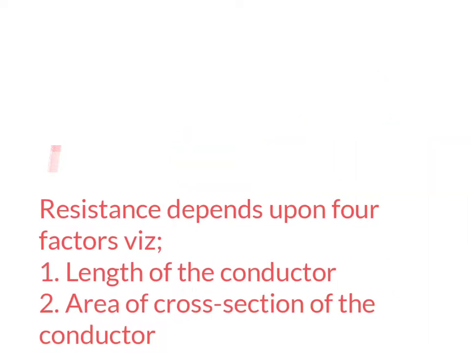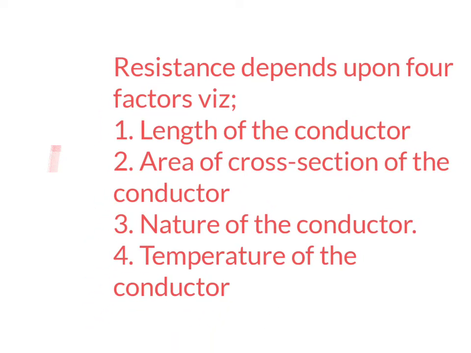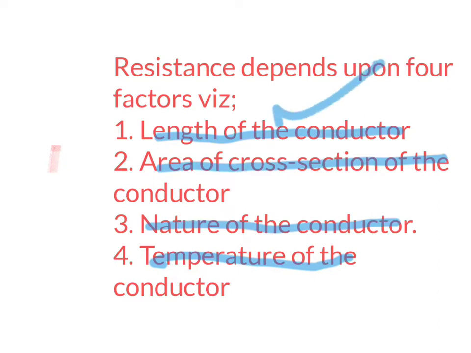One is the length of the conductor. Second is the area of cross section of the conductor. Third is the nature of the conductor, and fourth is the temperature of the conductor. As we already discussed, resistance is directly proportional to the length of the conductor. You increase the length, the resistance will increase.